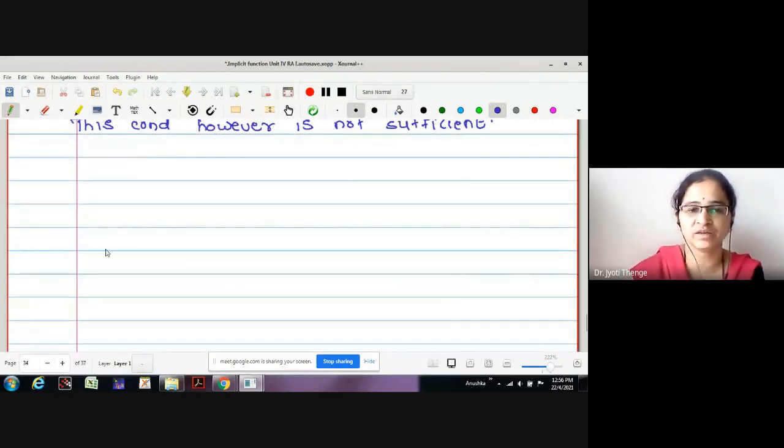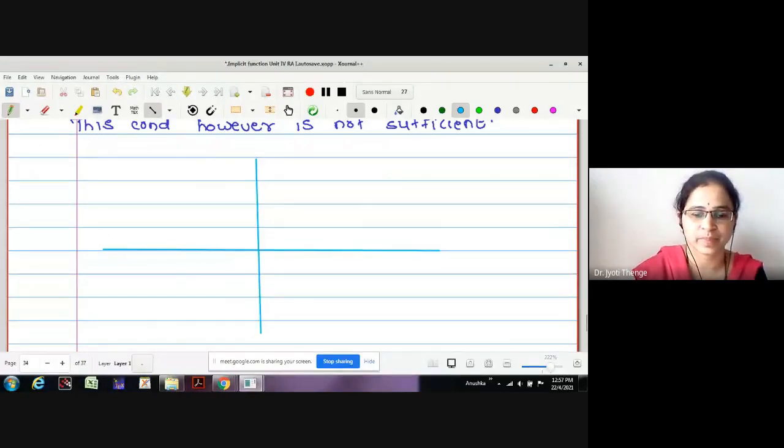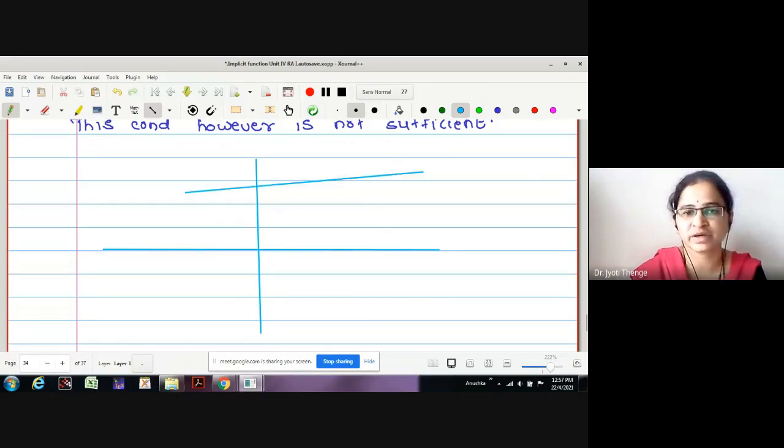Whenever we are equating the first order derivative of the function to 0, what were we doing actually? Yes, someone has told me the answer. Suppose this is my curve.